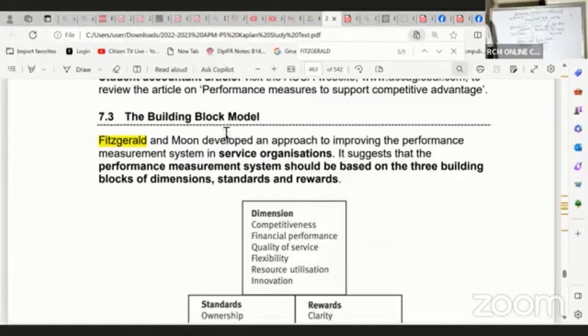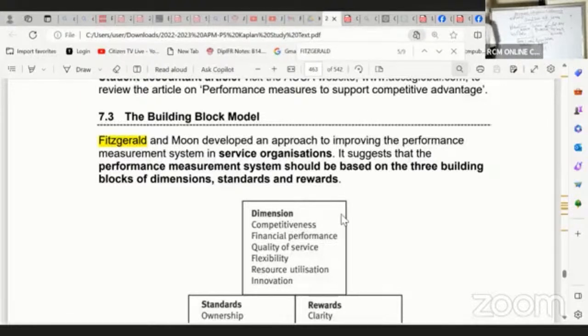So we have here what we call the building block model. Fitzgerald and Moon developed an approach to improving the performance measurement system in service organizations. It suggests that the performance measurement system should be based on 3 building blocks of dimensions, standards, and rewards.